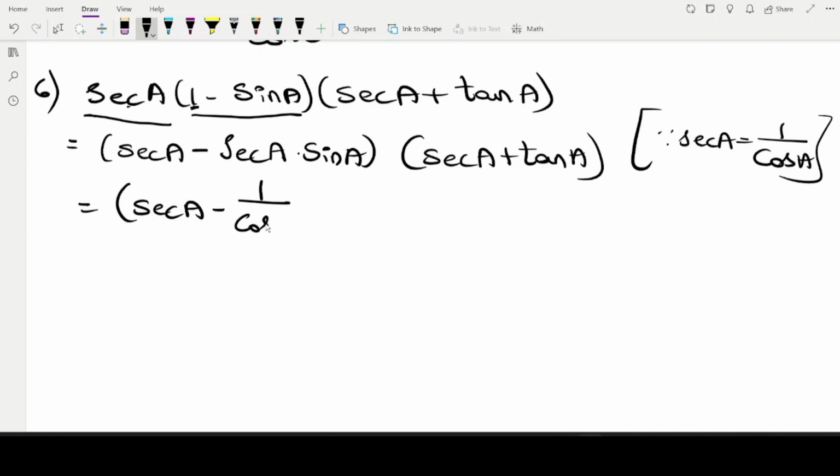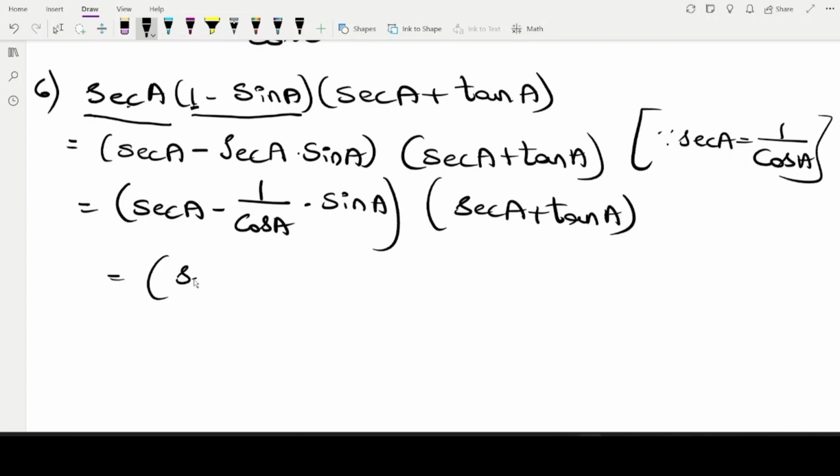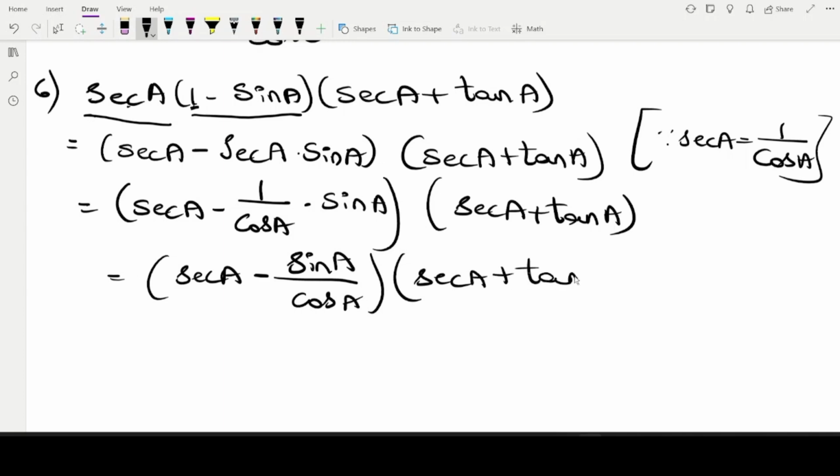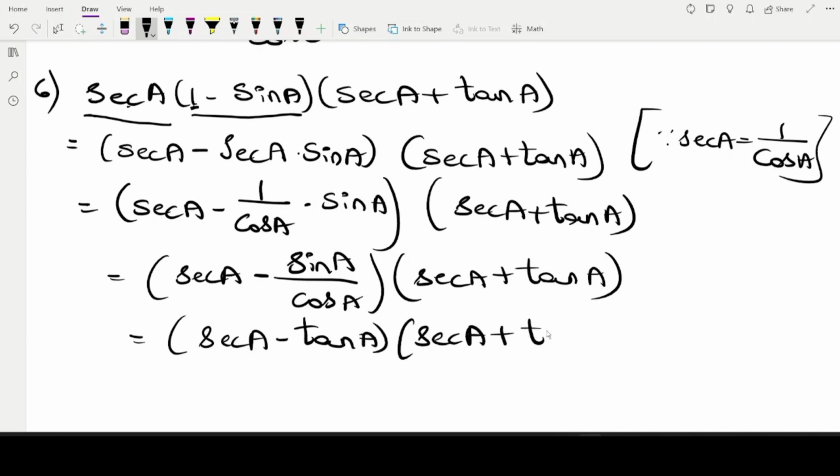It is 1 by cos a into sin a. So secant a minus 1 into sin a is sin a divided by cos a, into secant a plus tan a. So secant a minus, what is sin a by cos a? Tan a. So secant a minus tan a into secant a plus tan a.